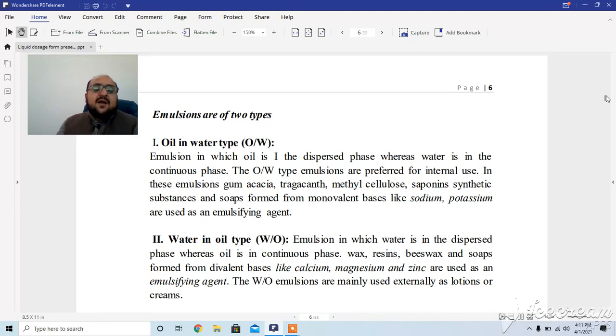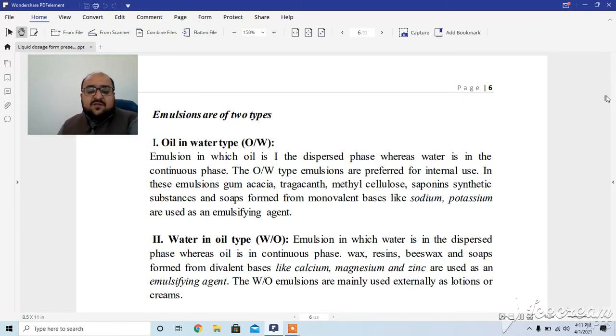So I mean that in the oil and water type of emulsion, oil is the dispersed phase and water is the dispersion medium, and it is usually preferred for internal use. Especially in oil and water type emulsions we use gum acacia, tragacanth, methyl cellulose, saponin. All these things you can see on my screen.